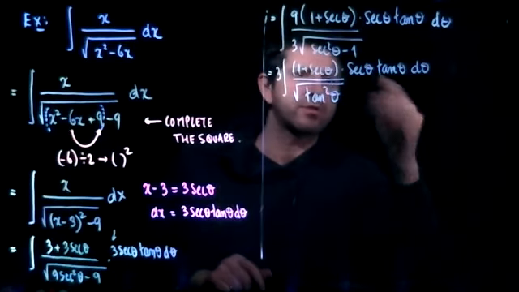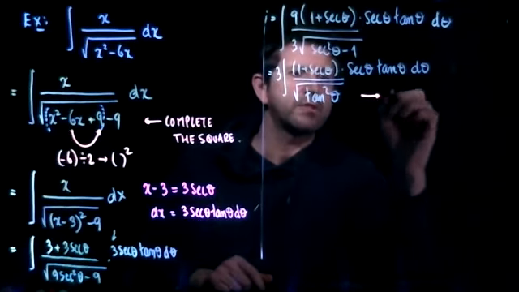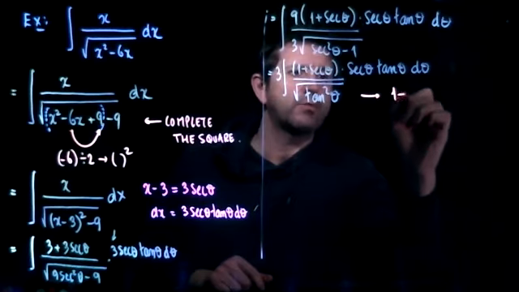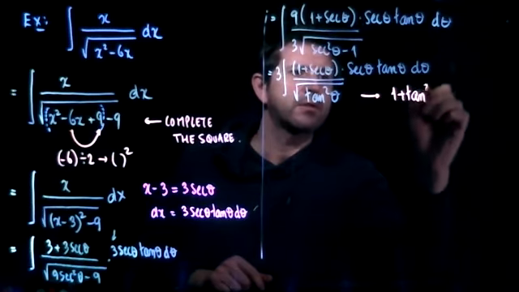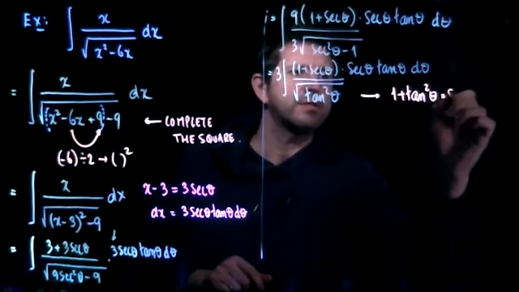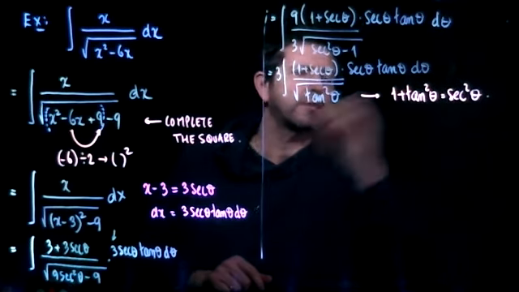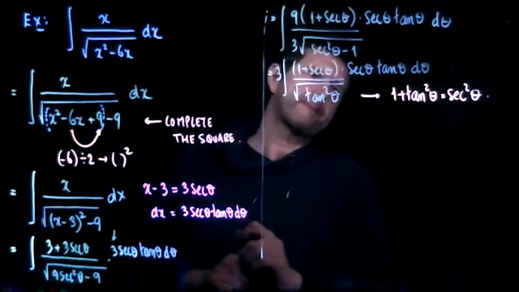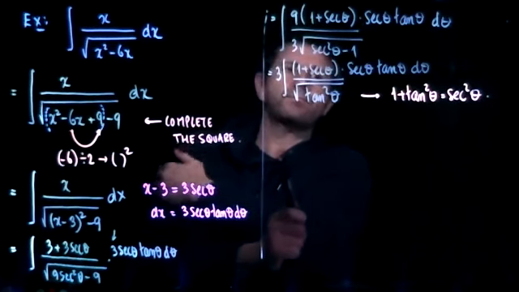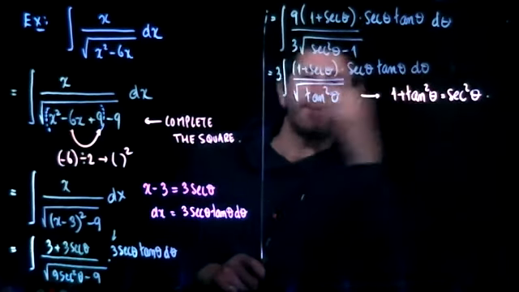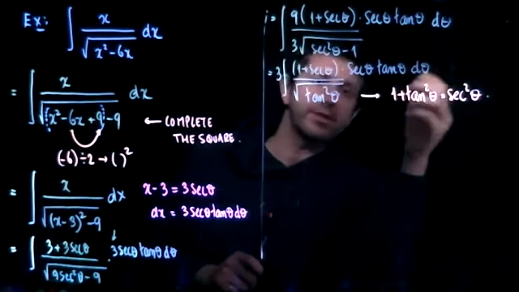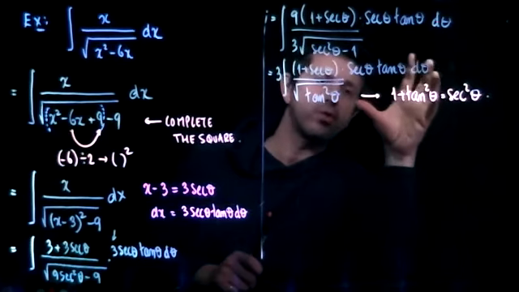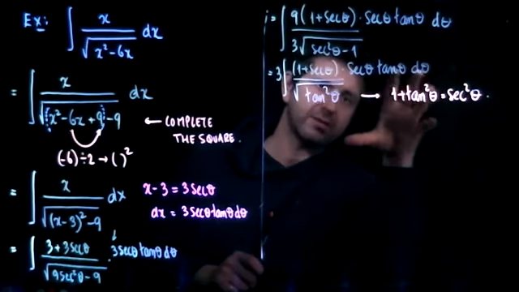So this is from 1 plus tan squared theta equals secant squared theta. I should eventually maybe redraw the unit circle and show you all the identities in the circle.